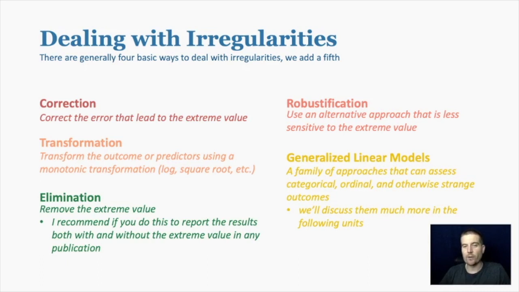These can handle categorical, ordinal, or otherwise strange outcomes, even binary outcomes, so an outcome with just yes, no. We're going to talk especially about logistic regression and a few others that are designed to handle those cases. Sometimes generalized linear models don't work fantastically for a given situation, but sometimes they are perfectly designed for it. So we'll get you introduced to those so you can know when they might be useful.